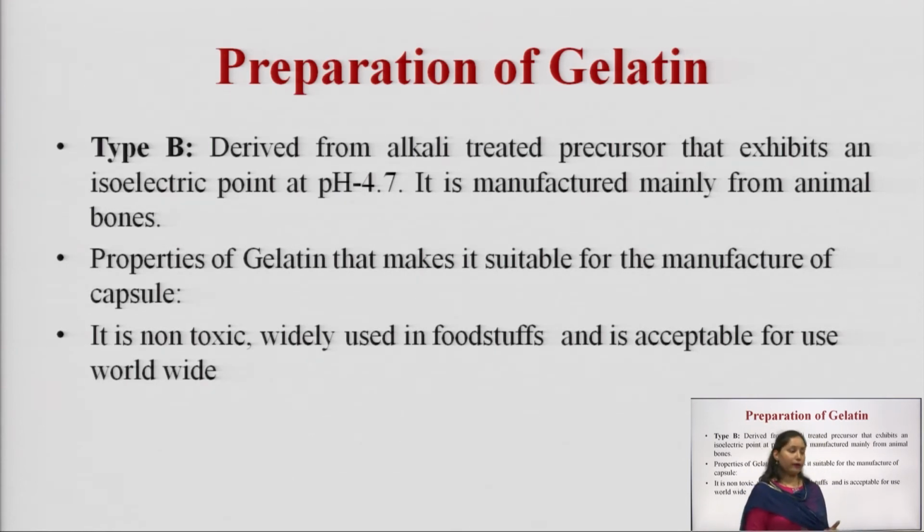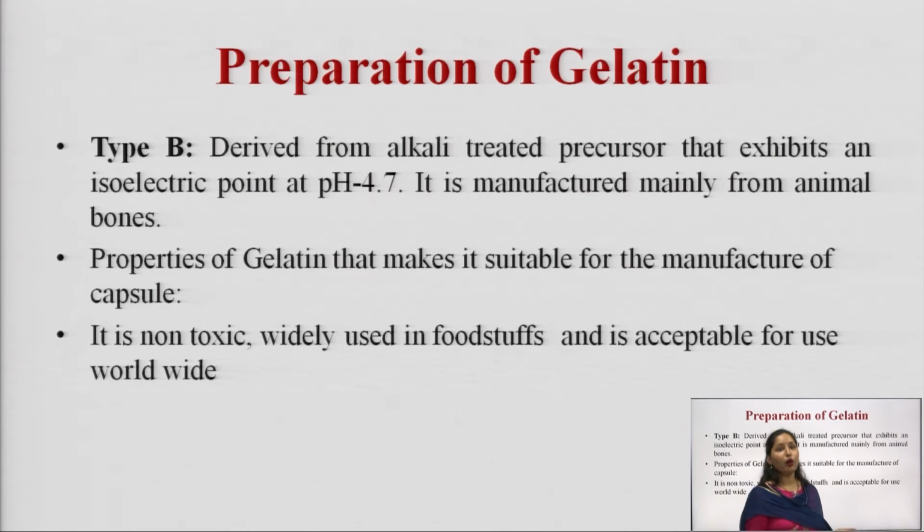Moving on to further discussion, what are the properties of gelatin which make it suitable for the manufacture of capsules? First of all, it is non-toxic and widely used in foodstuff and acceptable worldwide.